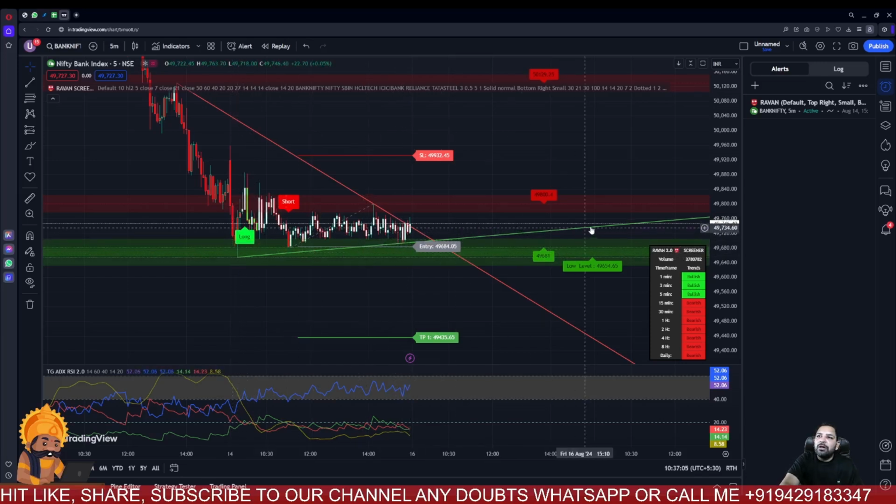Once the support is confirmed, you will get a green line, and once the resistance is confirmed, you will get a red line. You can see here the market is moving in a channel and it's near to breakout, right? So once the market opens, if it breaks up, you can go for a bullish trend. If the market breaks down this channel, you can go for a bearish trend. I hope it's understood.